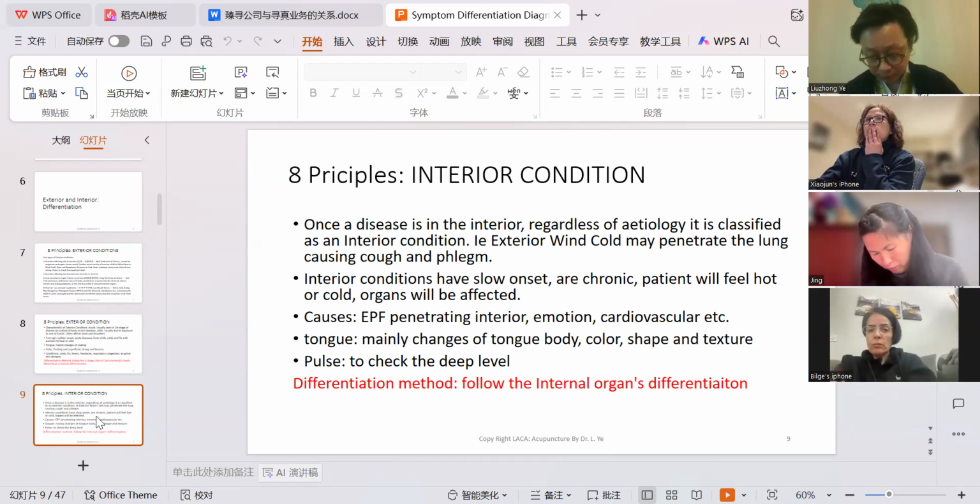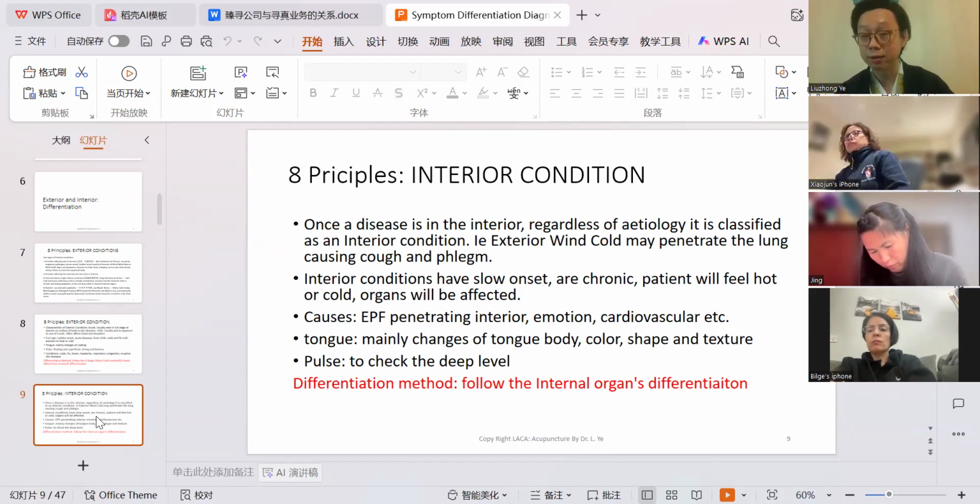So, for example, a condition like diarrhea, right? You can get it from food poisoning or from a stomach bug, causing diarrhea. Is this diarrhea interior or exterior? Anybody can tell me?